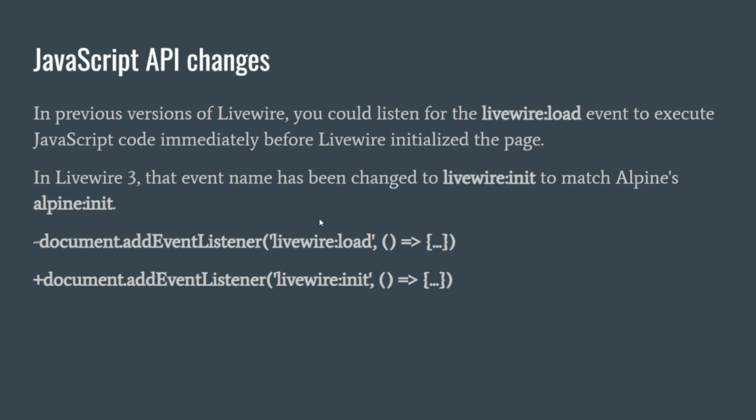As I mentioned before, Alpine and all its packages are shipped with Livewire 3. So in order to match with Alpine, the livewire:load event has been changed to the livewire:init event. This was what was with Livewire 2: there was livewire:load. Now there is livewire:init.